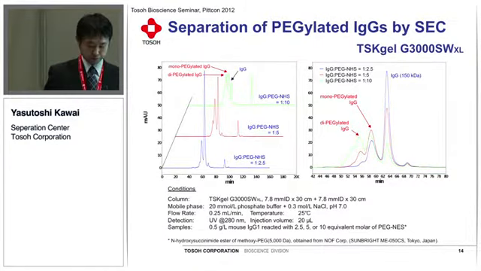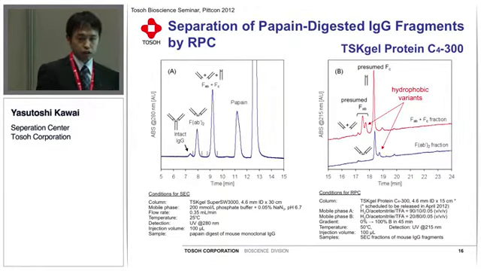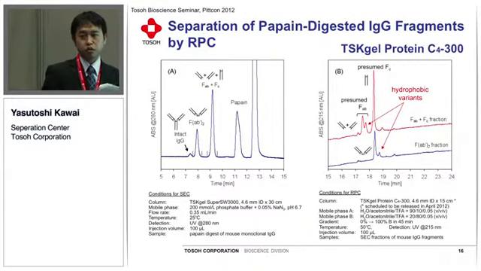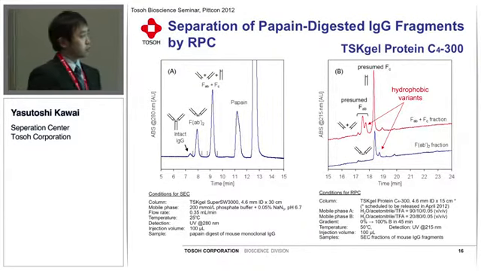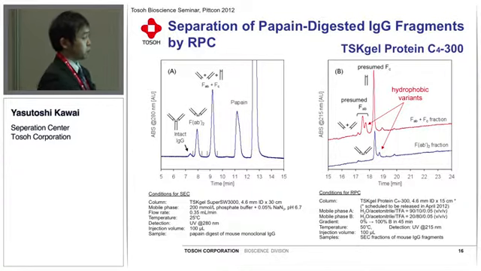So next, I show the example of reverse phase separation. This slide shows the separation for antibody partially digested with papain.